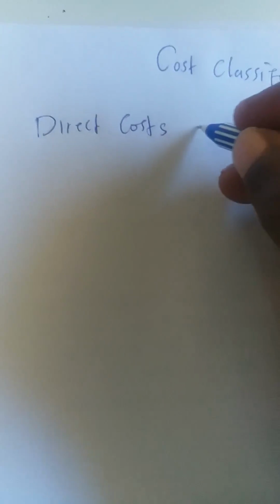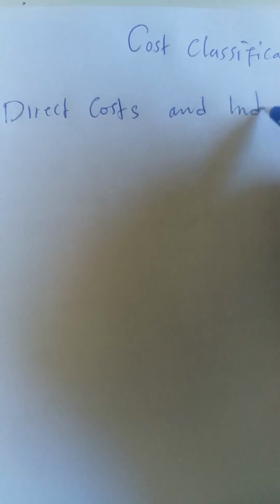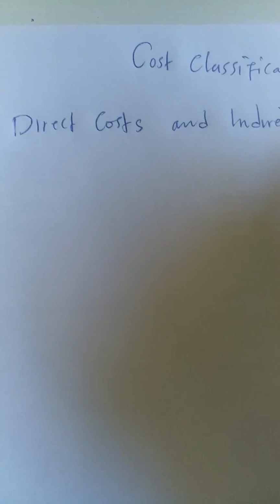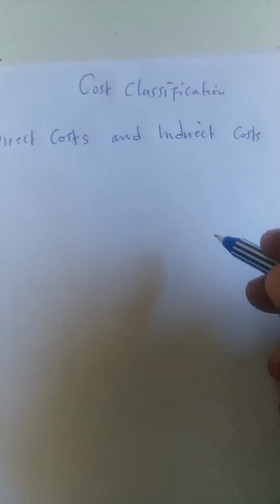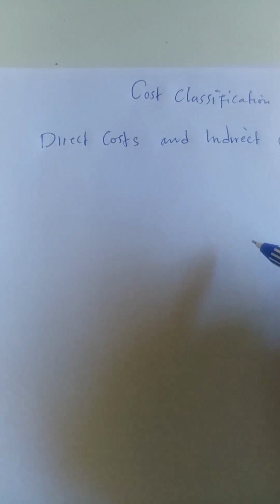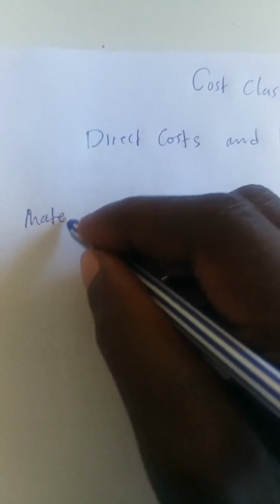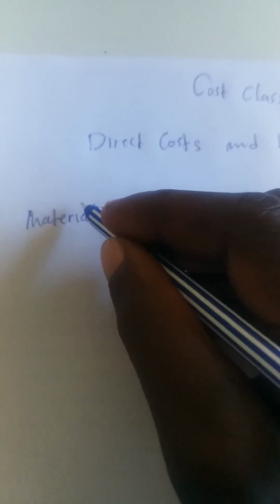We have direct costs and indirect costs, and then let me put up something like a table which will explain in detail what I'm trying to mean here.